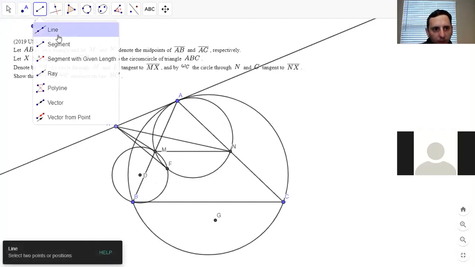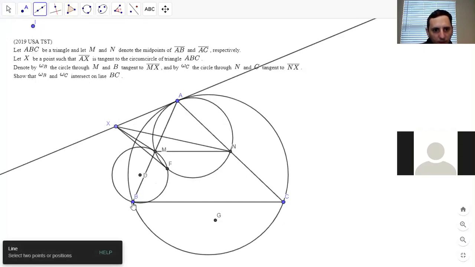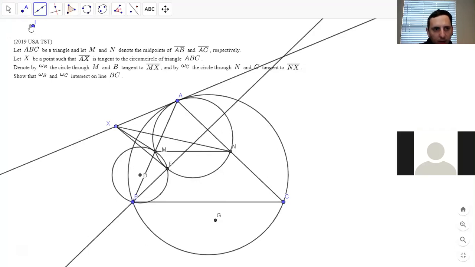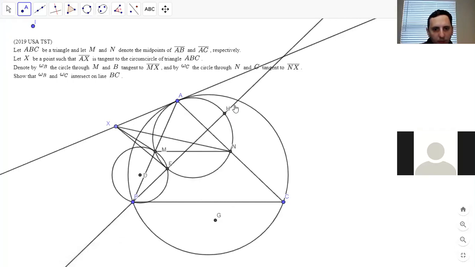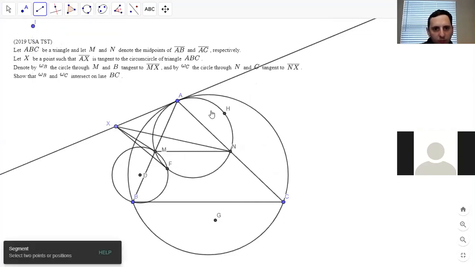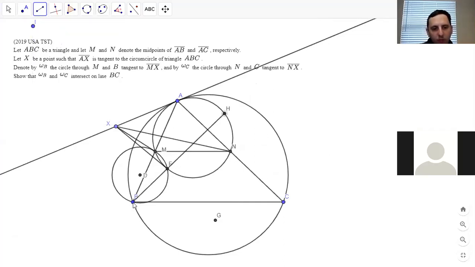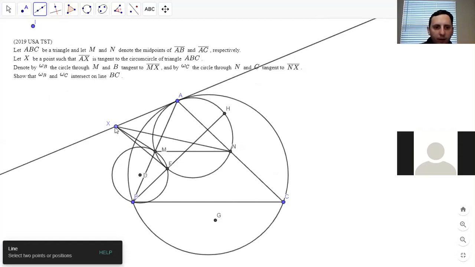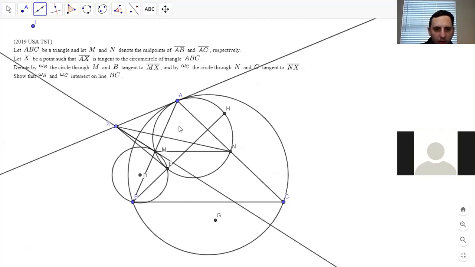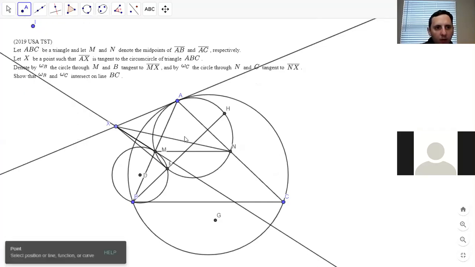Yeah. Like this? Yeah. XM? Oh, you want me to draw the whole line or see where it intersects the circle? Okay. Yeah. All right.